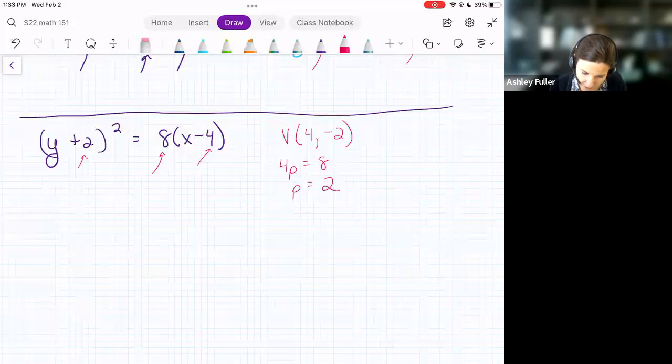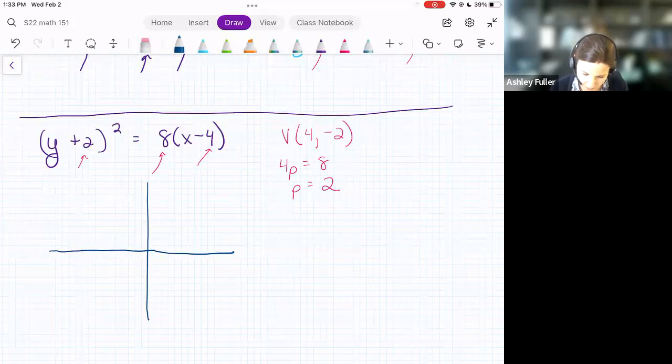And we can begin with the vertex. The vertex is going to be at 4, -2. And then p tells us how far up or to the right, in this case, since it's a horizontal parabola, and to the left to go. So we're going to go 2 in this direction, and this will give us our focus, and 2 in this direction to give us our directrix.